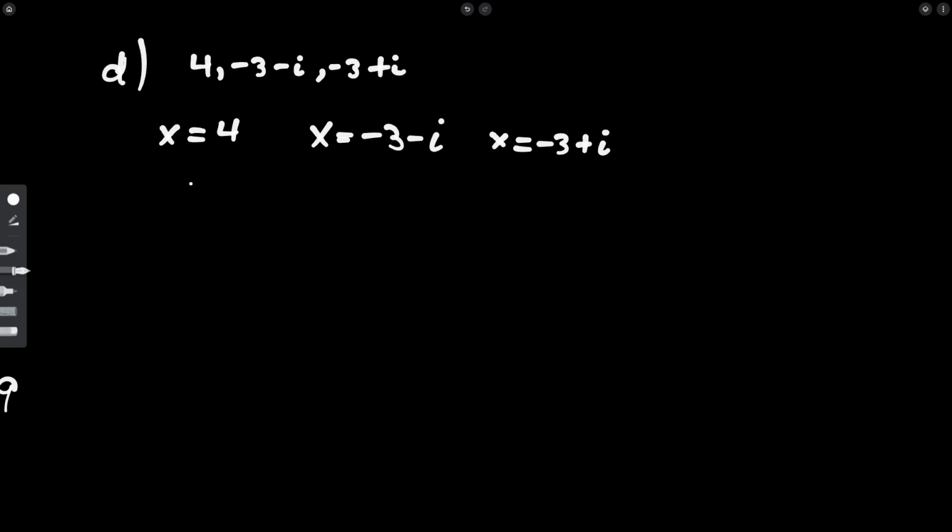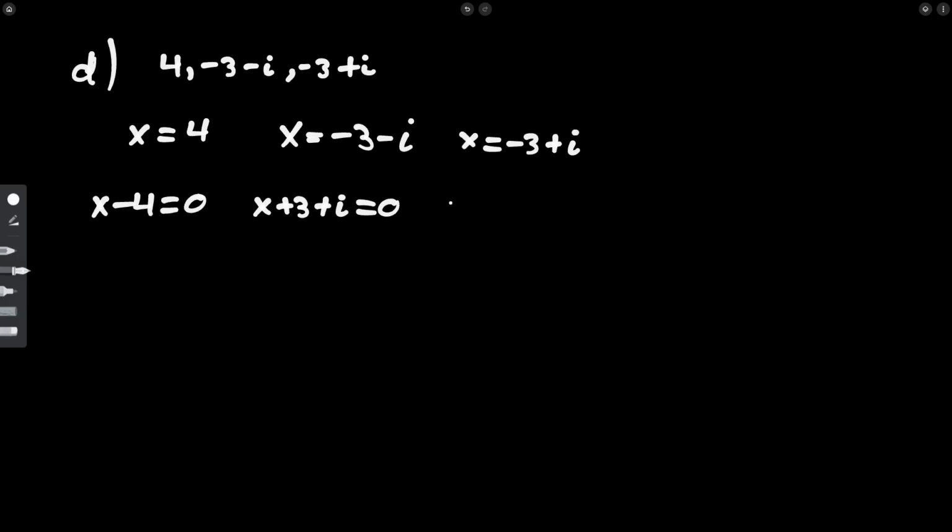So I'm going to, this time, actually move everything from the right side to the left. So I'll rewrite this as x minus 4 equals 0, x plus 3 plus i equals 0, and x plus 3 minus i equals 0.